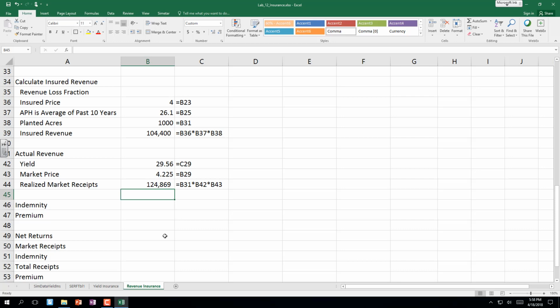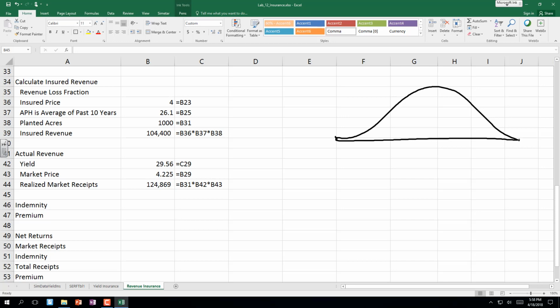Okay. Let's draw a picture of what we're looking at here. I don't really know the shape of this distribution, but that'll do. So I'm insuring at $104,400, and right there I drew a revenue that's $124K. Now, oh, that's what I left out, this number here.